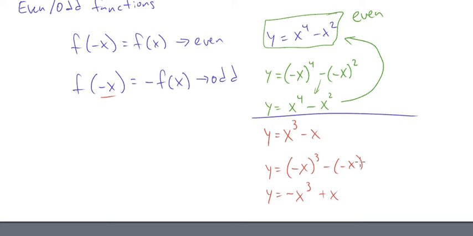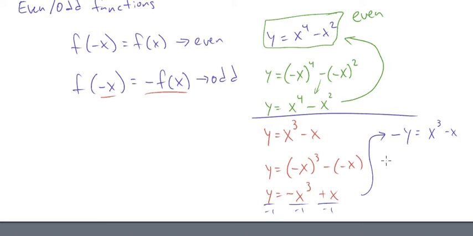Now, we said if it was negative f of x, essentially if it was negative y, then we'd be there, and hopefully you can see, hey, if we divided both sides by negative 1, negative y equals positive x cubed minus x. And there's our negative y.